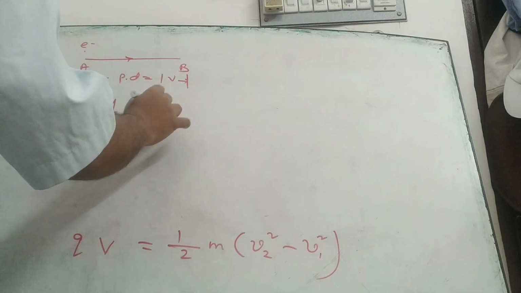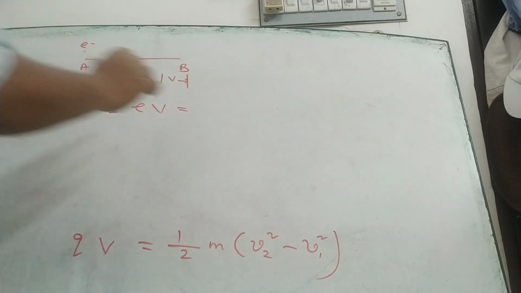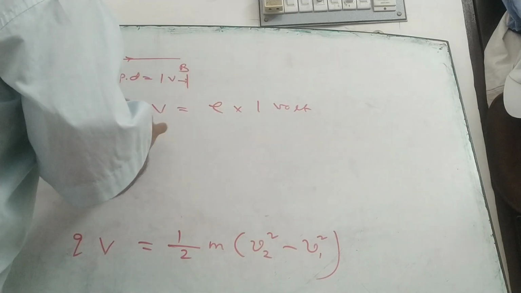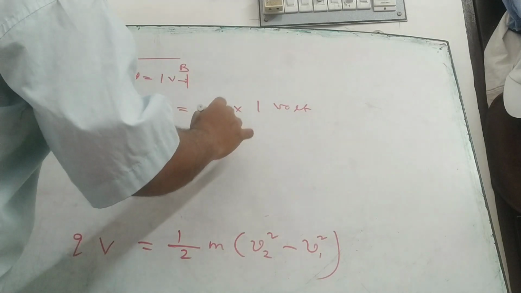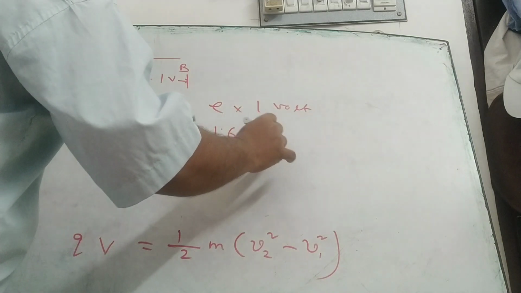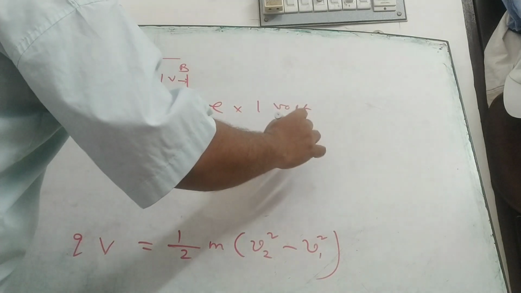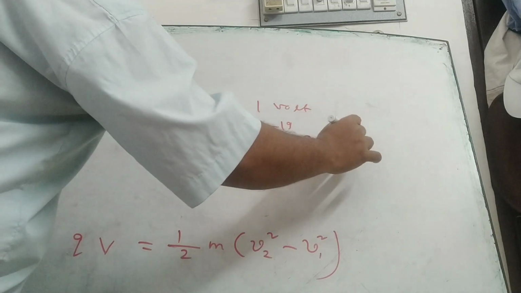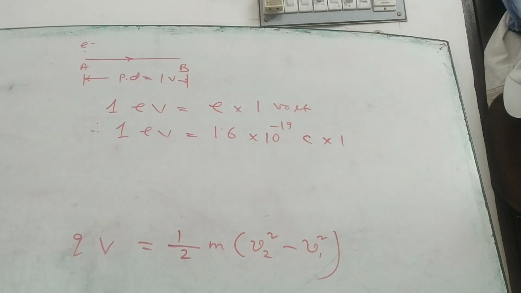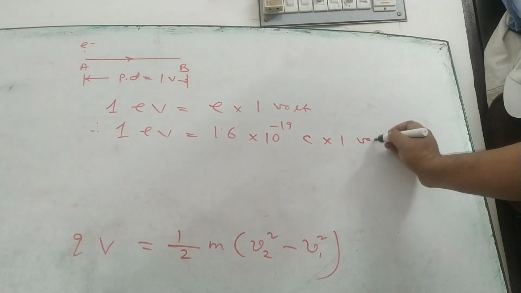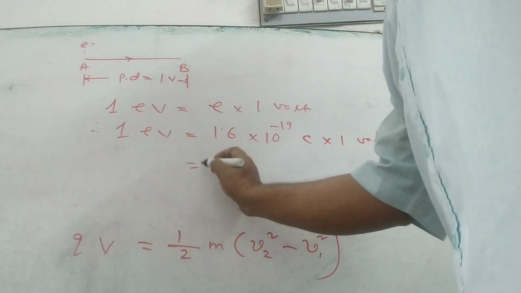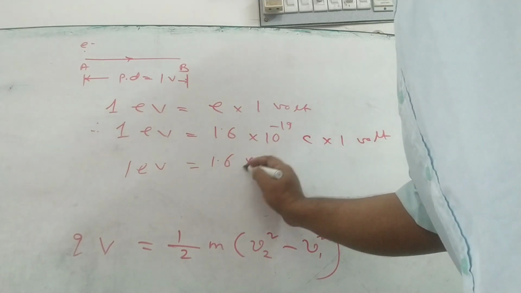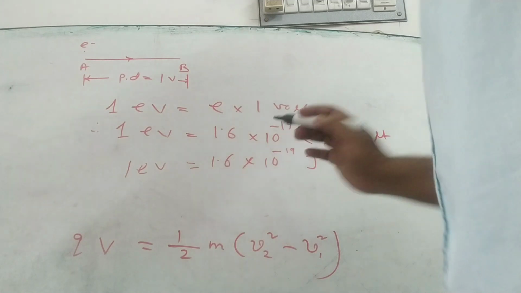Therefore, 1 electron volt is equal to charge of an electron into 1 volt. Therefore, 1 electron volt is equal to 1.6 into 10 to the power minus 19 coulomb into 1 volt, that is 1.6 into 10 to the power minus 19 joule.